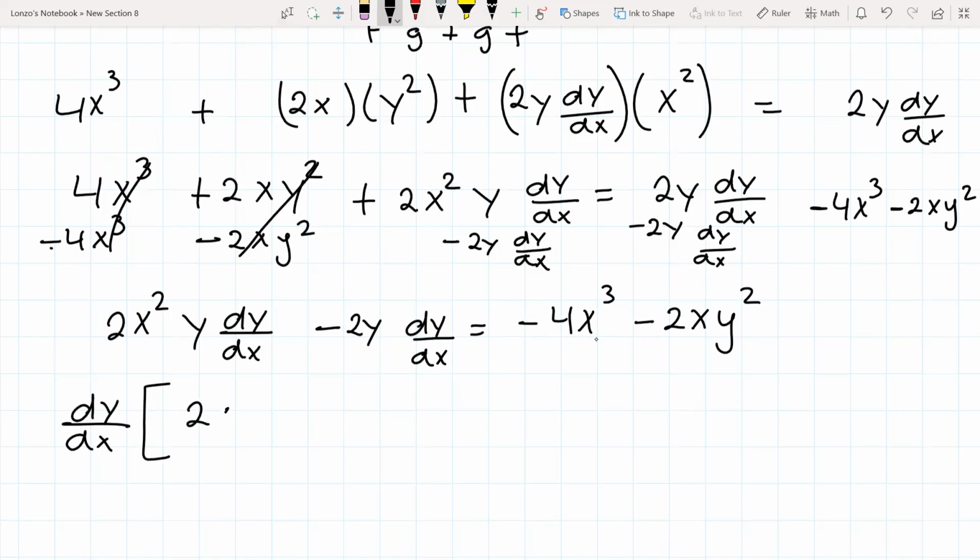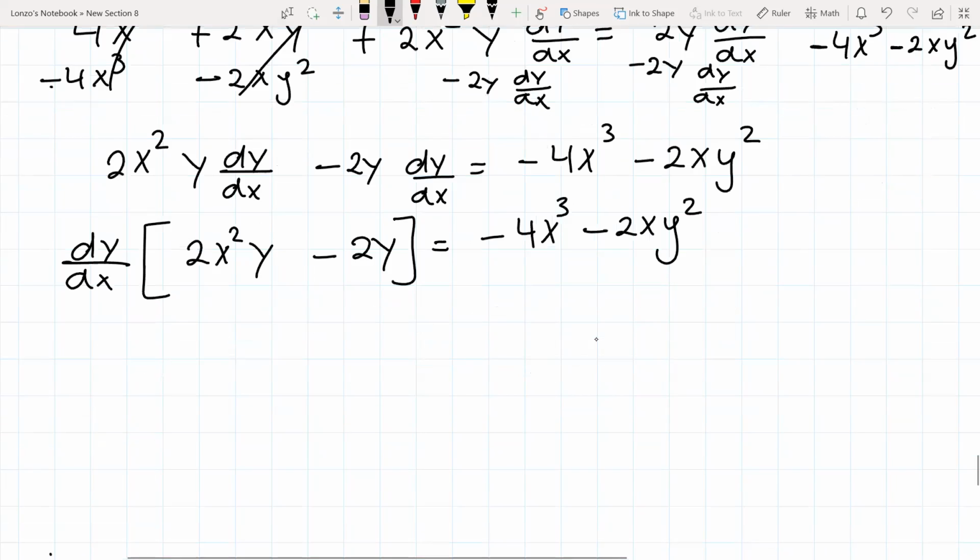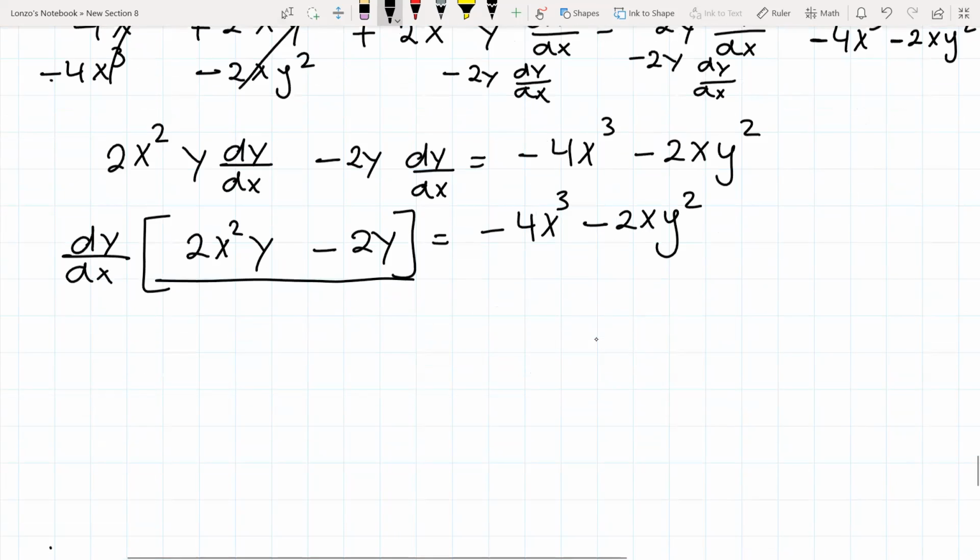So this is 2x squared y minus 2y. This is negative 4x cubed minus 2x y squared. Get rid of this, so this is 2x squared y minus 2y.